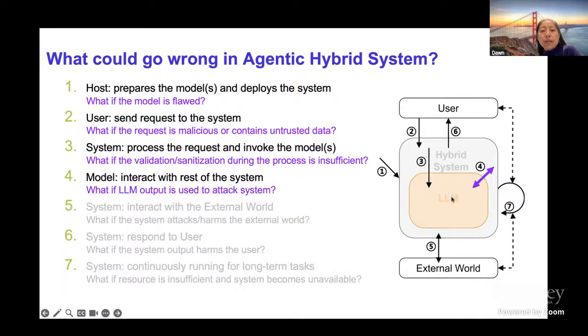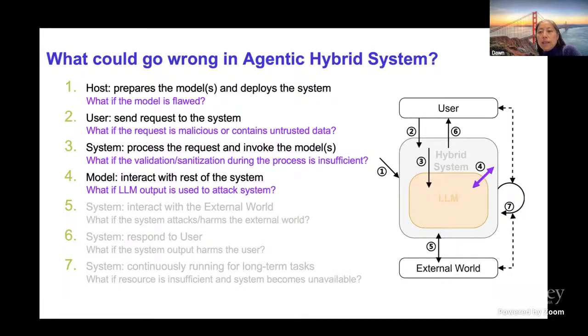And now, as the model interacts with the rest of the system by generating outputs and also taking actions, doing various function calls, and so on, the generated outputs could also be malicious, or the outputs could take the wrong action.